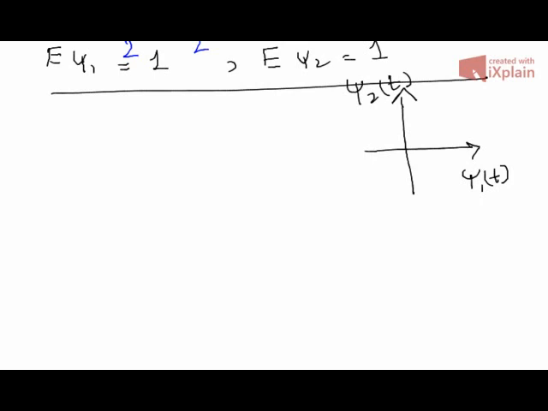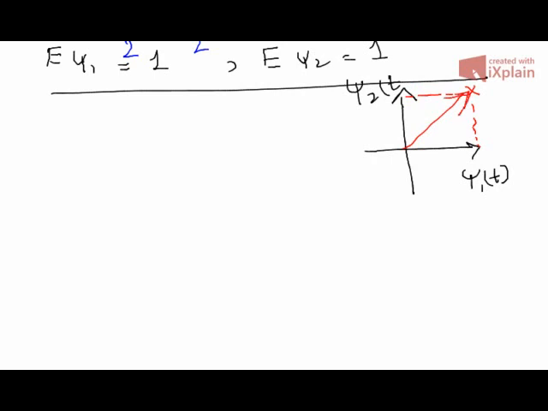Let me recall it first. If you have a vector in this space, something like this, you have two images, the rectangular components or the images of this vector over the x-axis and y-axis.